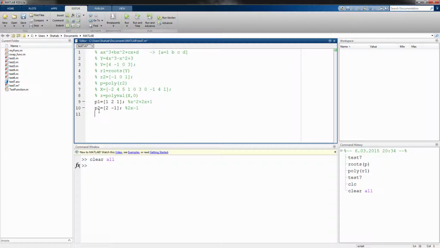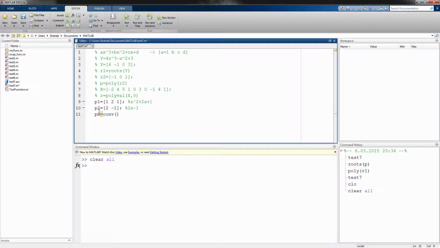Now what I want to do is multiply p1 by p2. I want to see what the values of the coefficients are, and I know how many coefficients I have. Minus 1 shows me the highest order, the highest power of the variable x that I have inside my polynomial. In order to find the result of multiplication, I call it, let's say, PM, polynomial of multiplication, I use a function called conv, which is already defined in MATLAB.